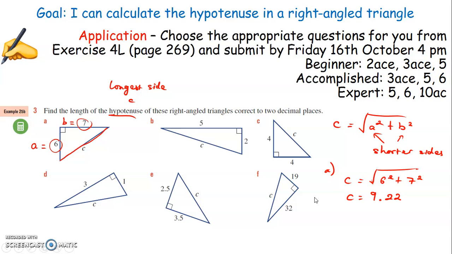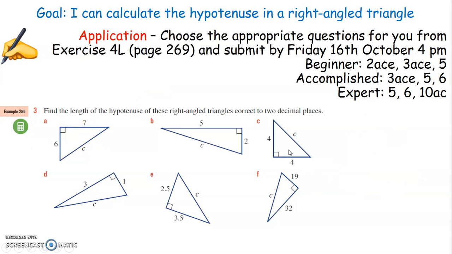All right, moving on. We've got question C. Again, we want to find a hypotenuse, so we still use this equation here: C is equal to the square root of A squared plus B squared.